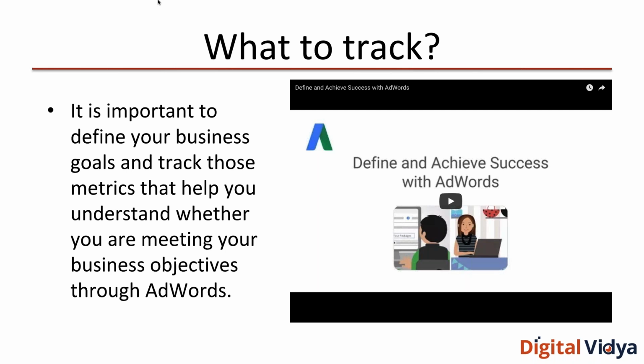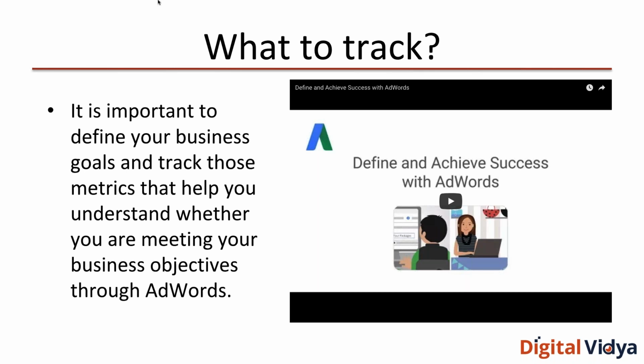Now, when you want to improve upon what you have created, you need to have certain data at hand to substantiate the decision to change something, right? Now, for that purpose, tracking becomes very important.